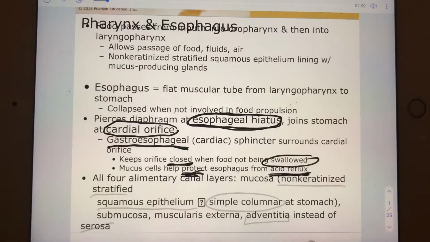Just please remember that the mucosa in the esophagus is made out of non-keratinized stratified squamous epithelium, whereas once we enter the stomach, we're going to transition to simple columnar. Okay. Also, the esophagus features an adventitia rather than serosa per se, as that sort of outermost tunic.